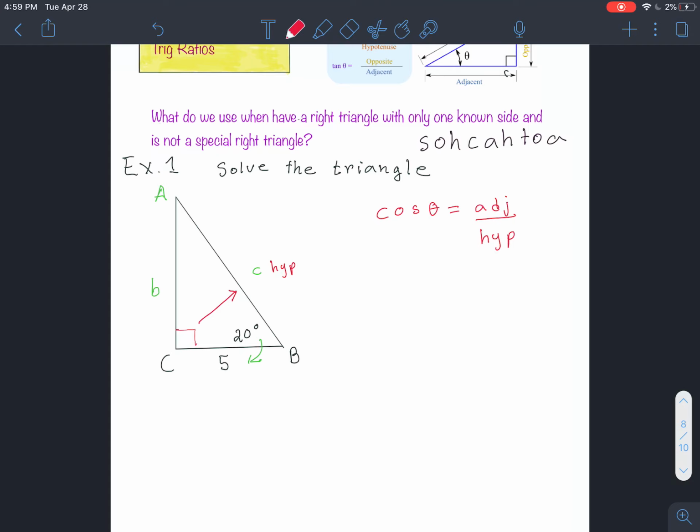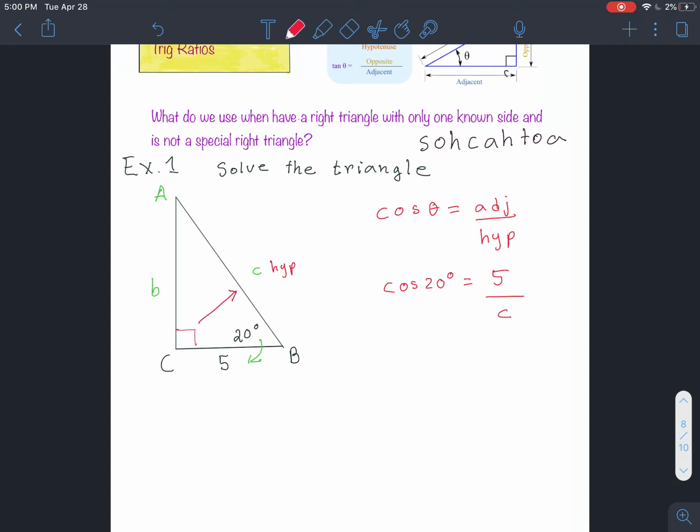And the angle that we're talking specifically here is angle B. So angle B is 20 degrees. The length of the side adjacent to 20 is 5. And our hypotenuse is C. We don't know what that is. So our goal is, how do we solve for C?